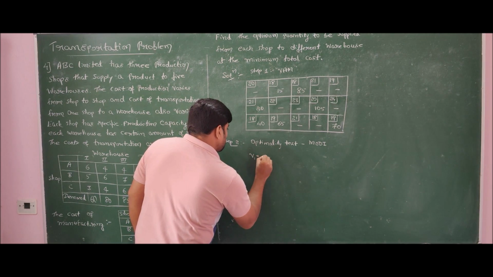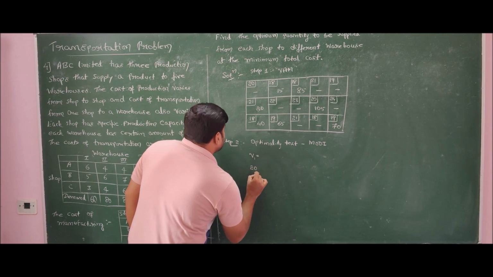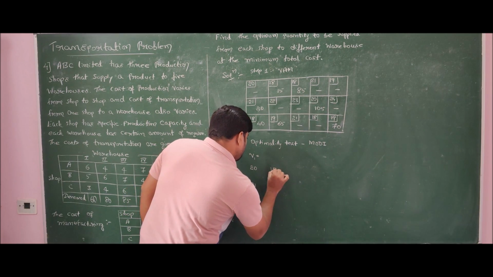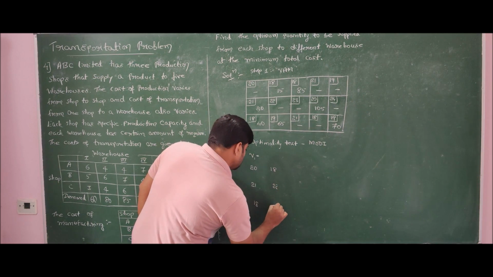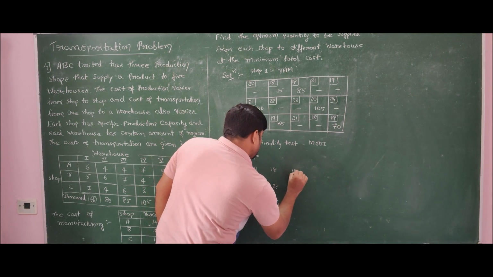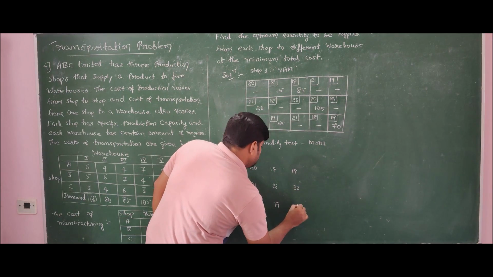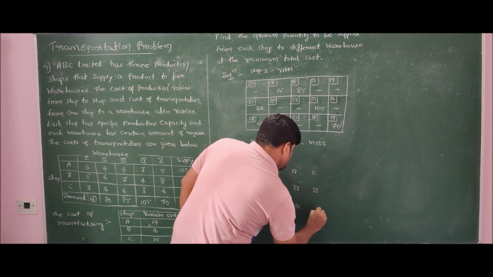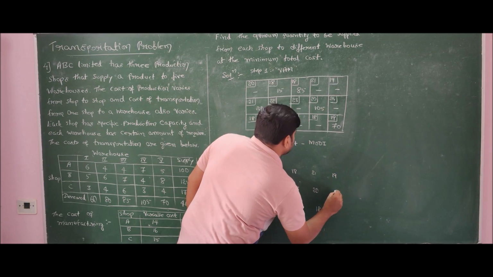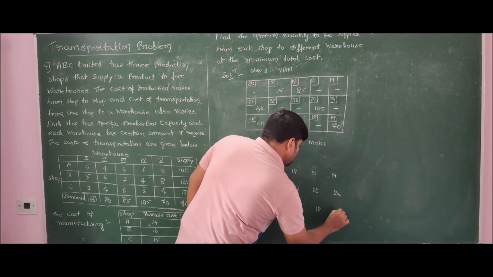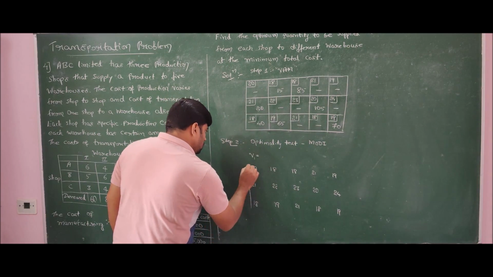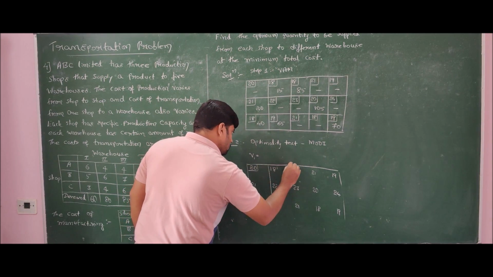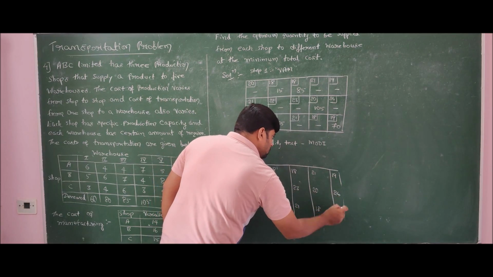So we have V1, V2, and so on. The rows of costs are 20, 21, 18, then 18, 22, 19, then 18, 23, 21, 21, 20, 18, then 19, 24 and 19. So this is the cost matrix we have.